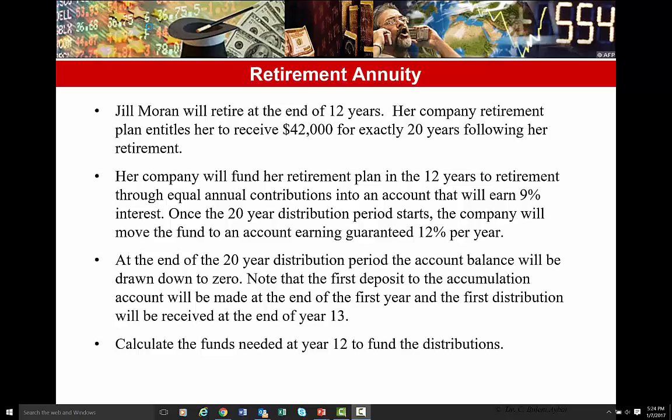Then her retirement period will start. As she withdraws money, the balance that remains in the account is going to continue to earn 12% interest per year. At the end of the 20-year distribution period, the account balance will be drawn down to 0.